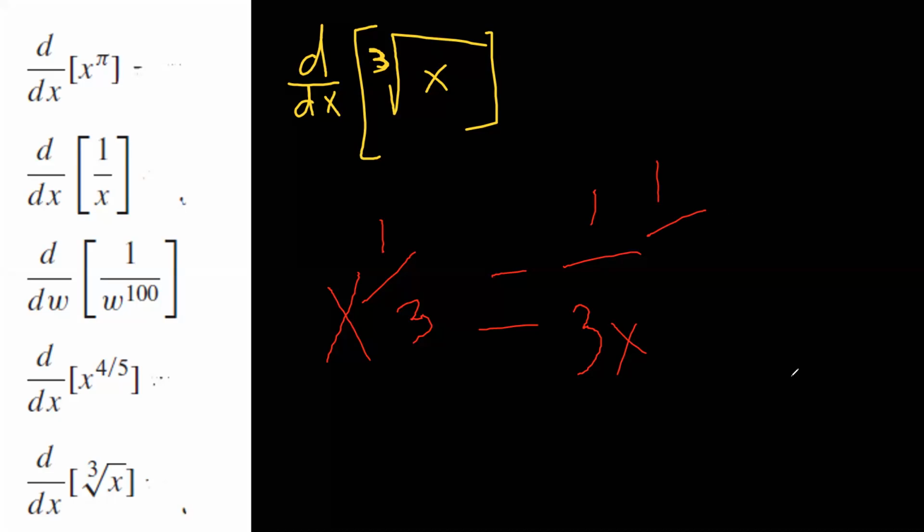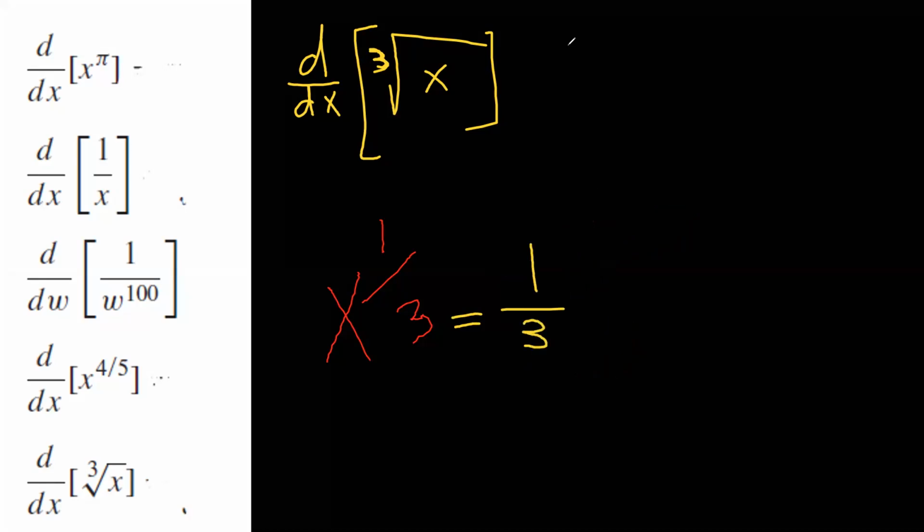Till now it's right. Stop, wait. Here you have x. You write it as x raised to the power 1/3. Then after that you will say it is 1/3, because it is r x raised to the power r minus 1.